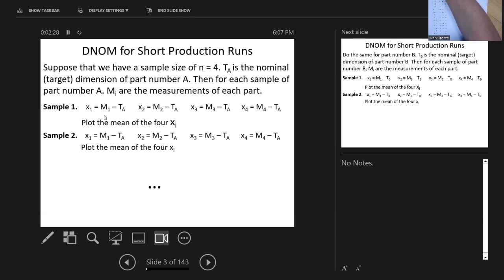M1 would be the sample mean number 1, and you subtract from that the nominal dimension, or the dimension you're shooting for, and then that will give you an X1.